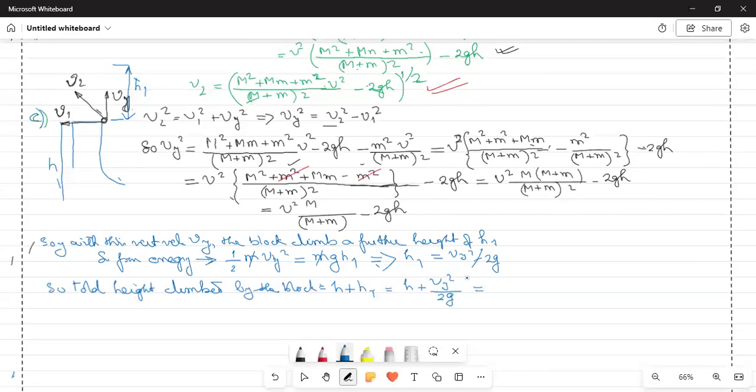Now, we have found vy square in this equation, so we just put this value in vy square by 2g.